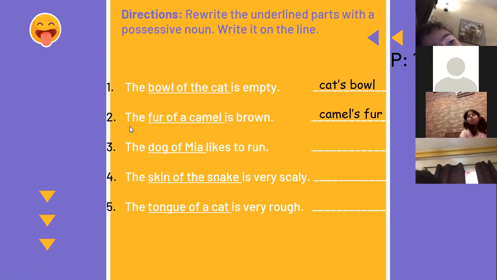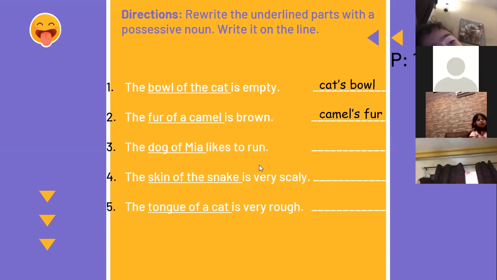Kareem, number 3. Read number 3. The dog of Mia likes to run. Okay, how do we change it to a possessive noun? The dog of Mia.